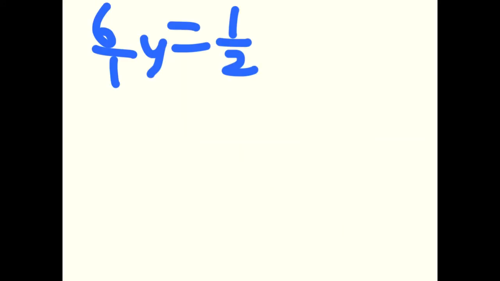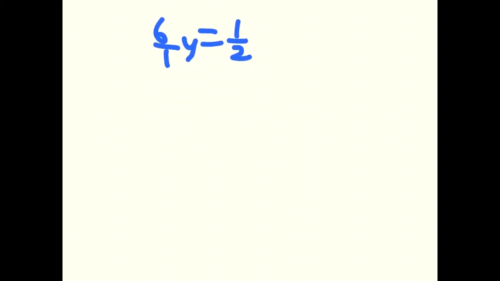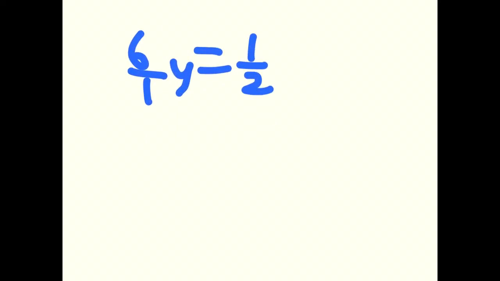So 6 over 1, or 6, times y equals 1/2. So basically what you're going to do is you're going to do the reciprocal thing again with all the reciprocals and the cool stuff, which is actually pretty nice.